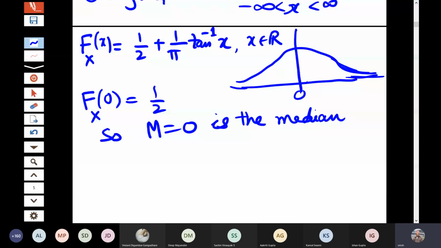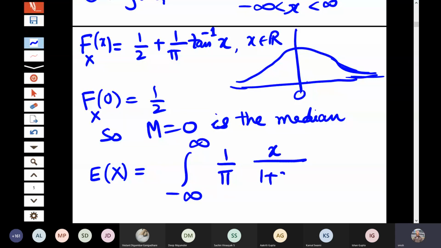This median is also a measure of central tendency. I had mentioned to you that we have an average value or the expected value. In the case of this Cauchy distribution, if I want to calculate the expectation of x, it will become the integral of 1 by pi times x divided by 1 plus x square.